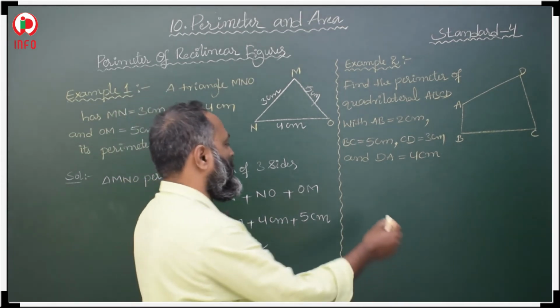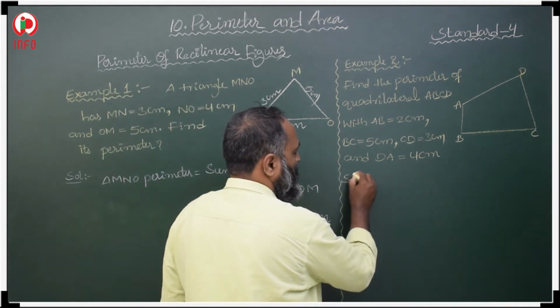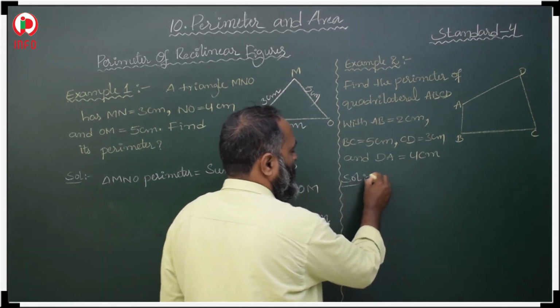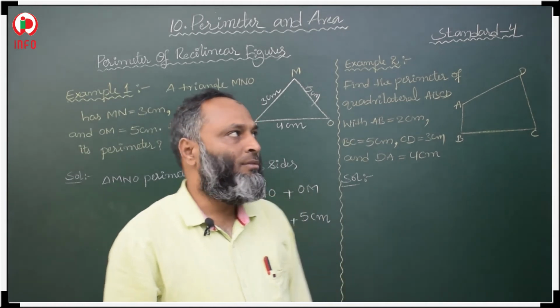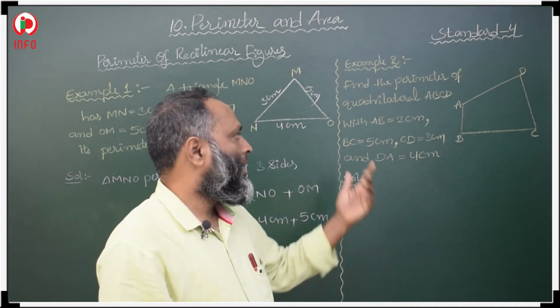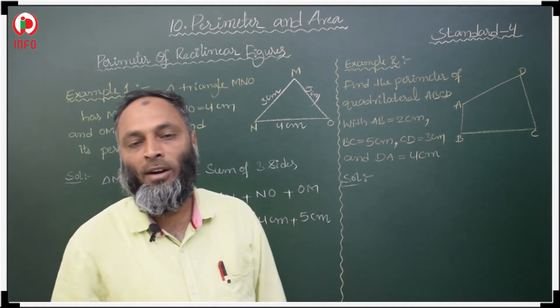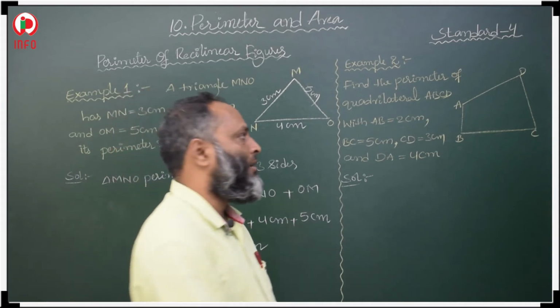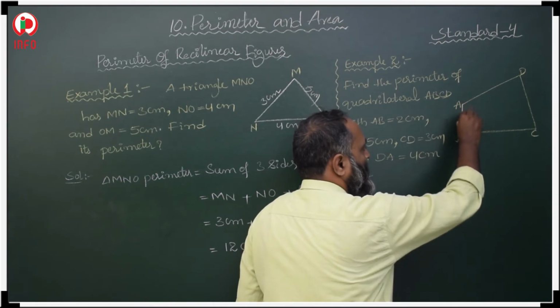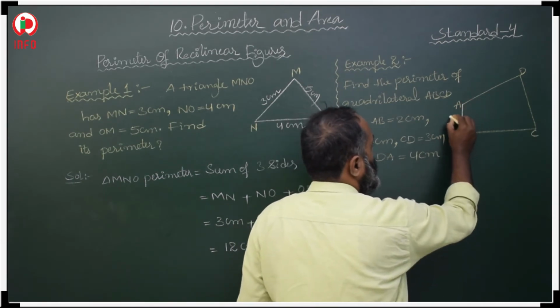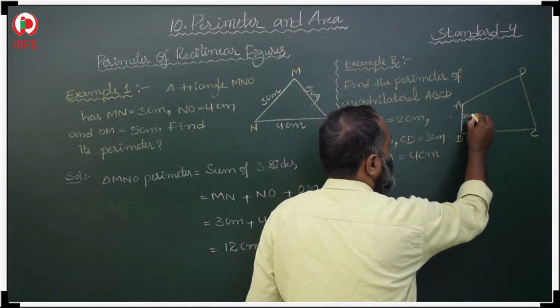So in the next one, quadrilateral. What is given here? A 4-sided polygon is a quadrilateral. So we should find the quadrilateral ABCD perimeter. In this quadrilateral ABCD, AB side length is given, that is 2 centimeters.